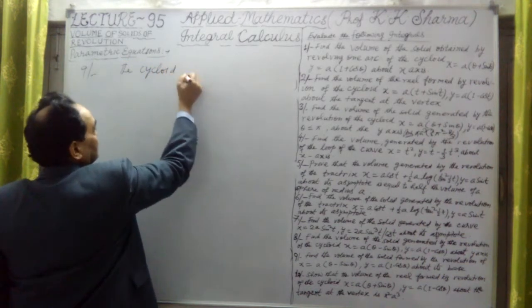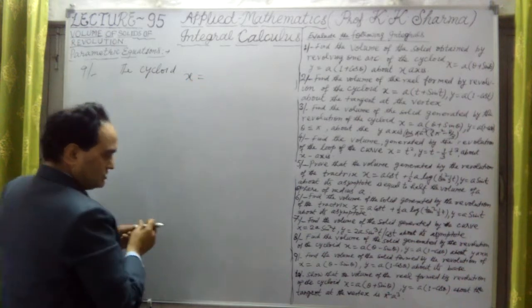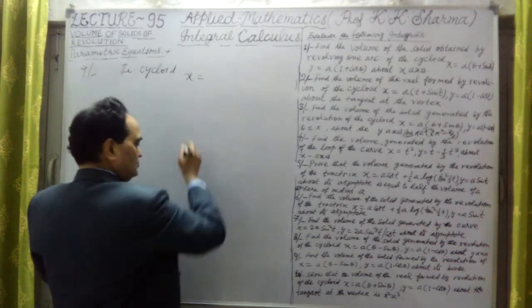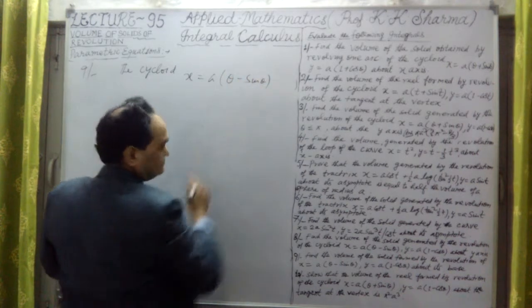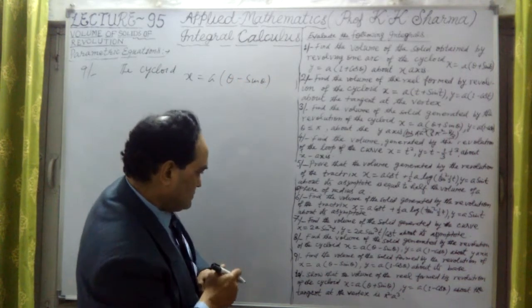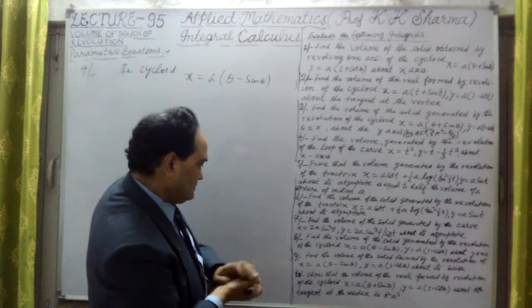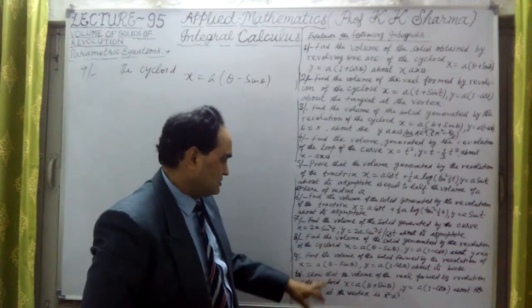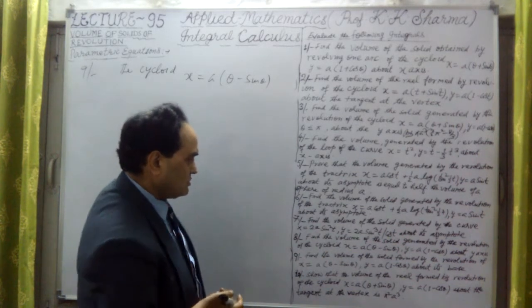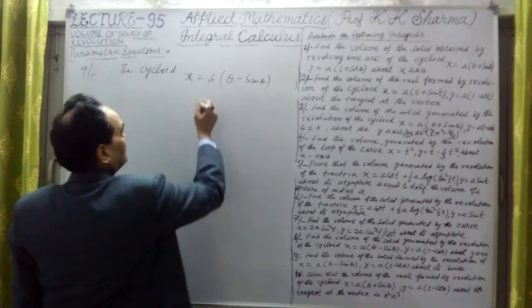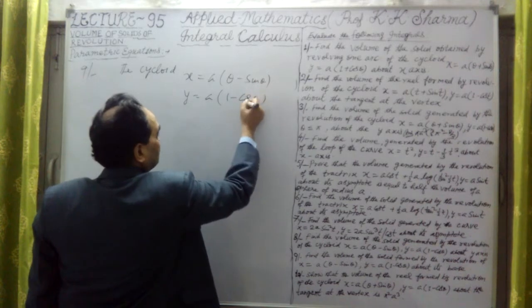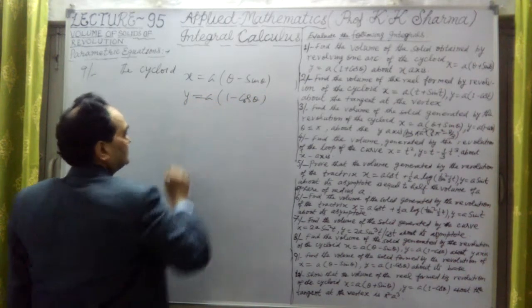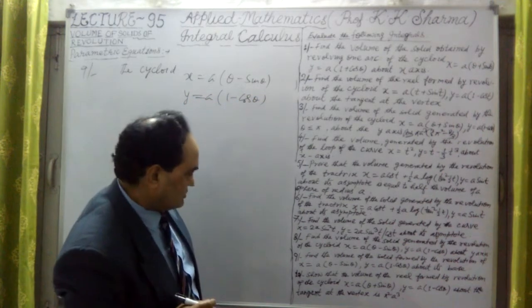Cycloid is x equal to a into theta minus sine theta. And this is also the value of x in the 8th question. And y is also the same, y is equal to a into 1 minus cos theta. All right, same values.